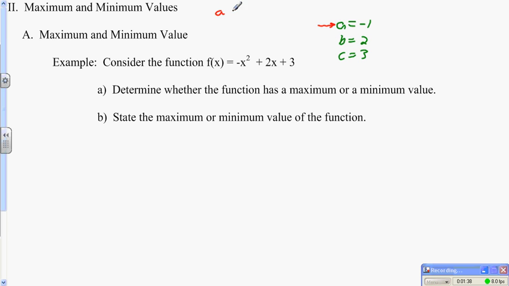If a is positive, then it's going to open upward. If a is negative, it's going to open downward. Now when it opens upward, you have a minimum. That's as low as it gets. If it opens downward, you have a maximum.